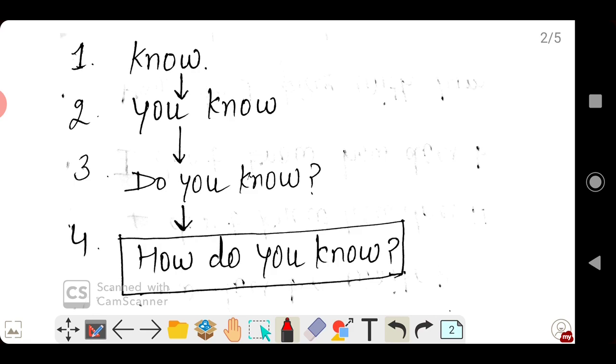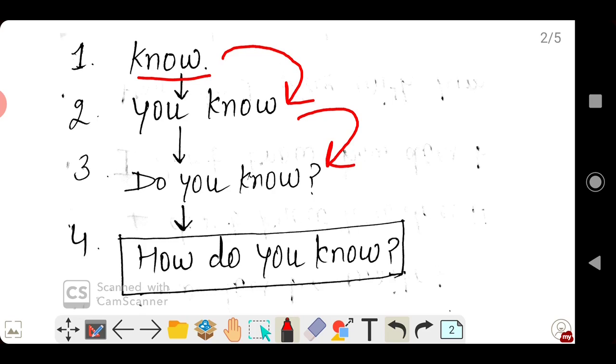Now let's start with the very first word, which is "know". I think you know the meaning of "know". First we have the word "know", then you can extend it a little: "Do you know?"